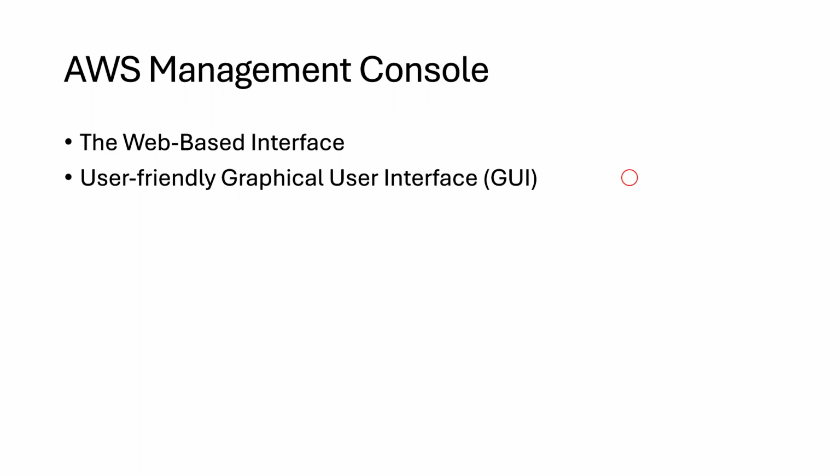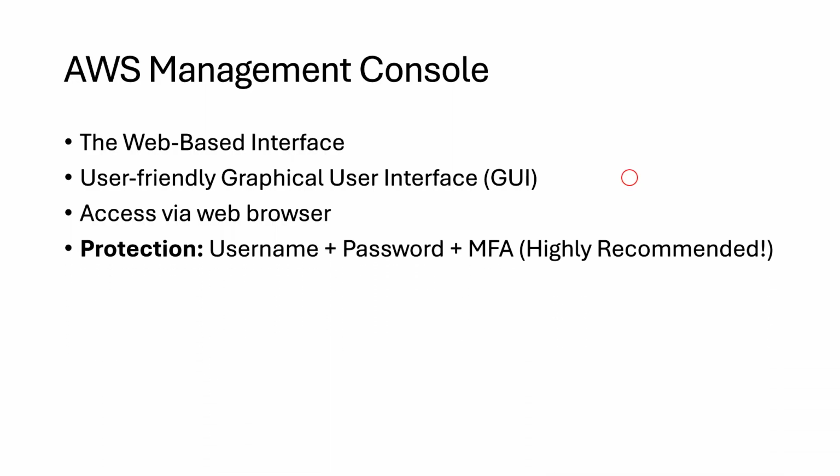And we can access this via a web browser. That is what we were doing earlier. And crucially, it is protected by username and password, and ideally we can use MFA also, which is highly recommended, multi-factor authentication, as we discussed in our last video.